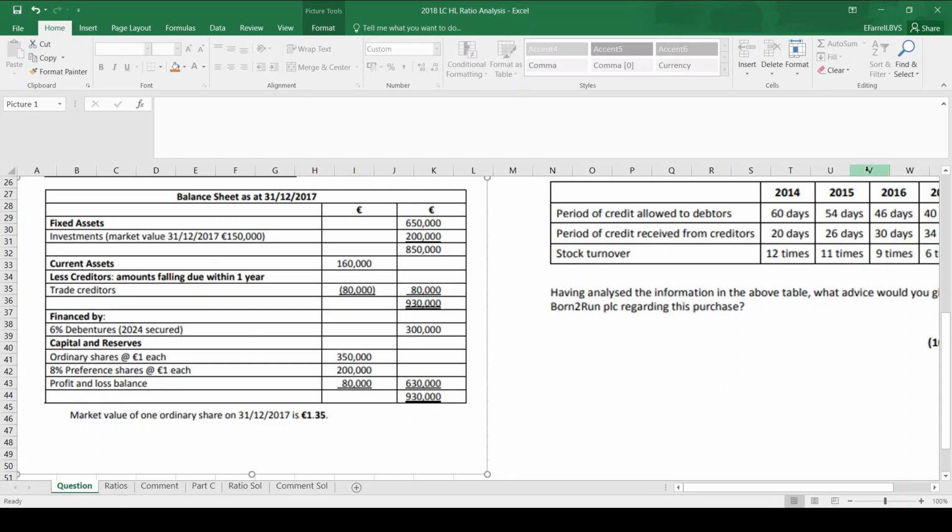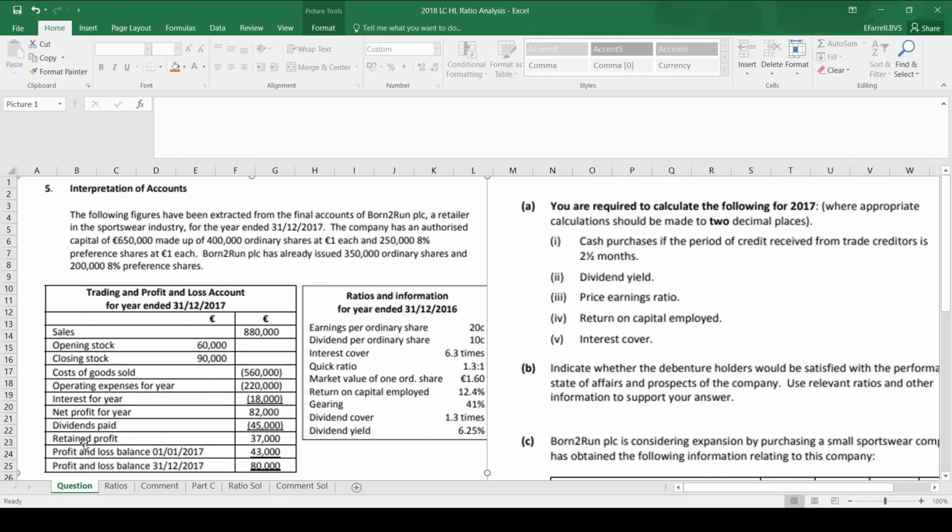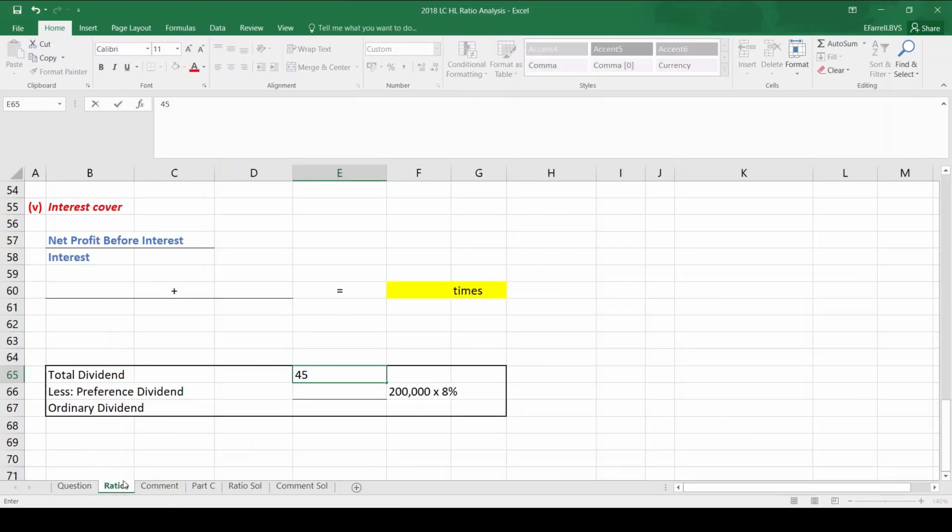In the question, we are always given total dividend or dividend paid up here in the profit and loss. So dividend paid in this question is 45,000. So that's my total dividend. And we have to separate that out between preference and ordinary, because the preference and the ordinary make up the total. So we're given total dividend in the P&L.